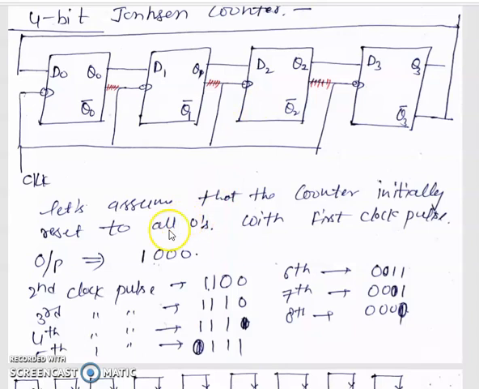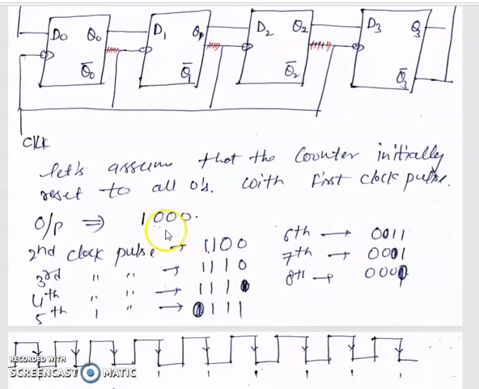So we start with 1 0 0 0, that is the output of the first, second, third and fourth flip-flops. In the first clock pulse, we have already set the outputs of all the flip-flops like this.